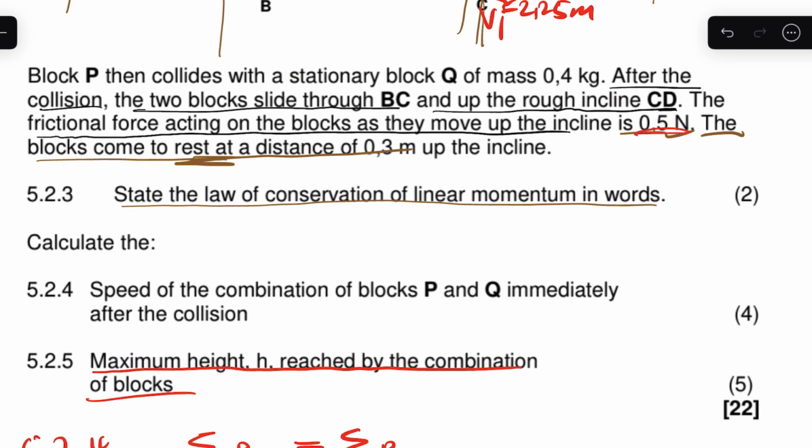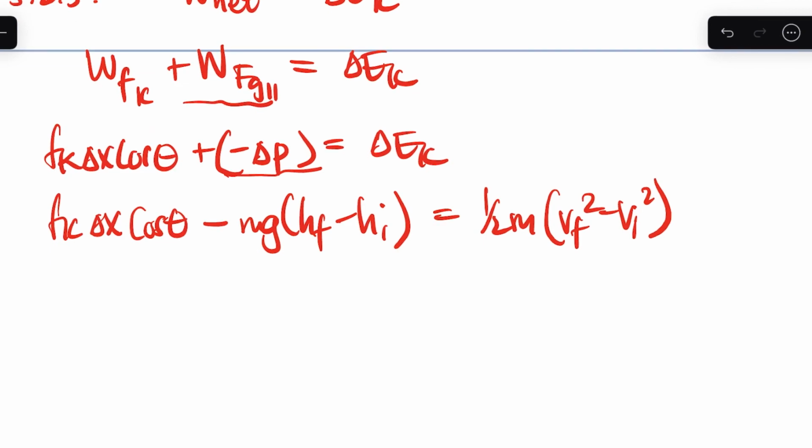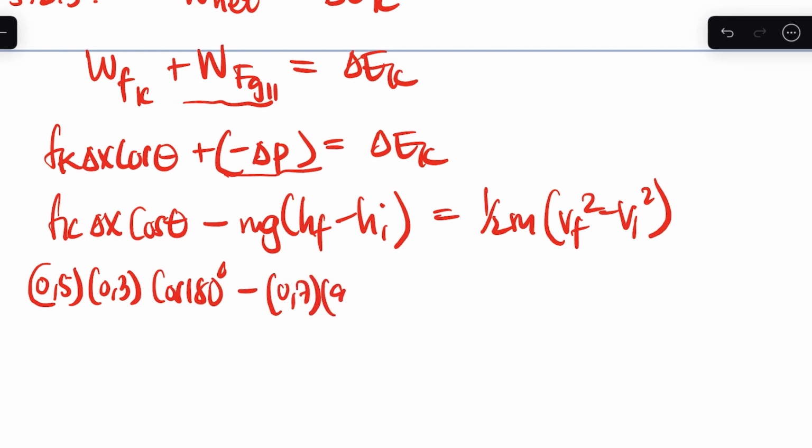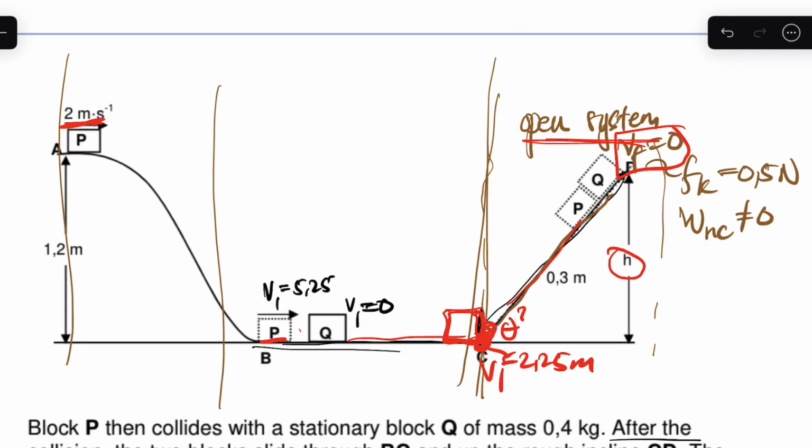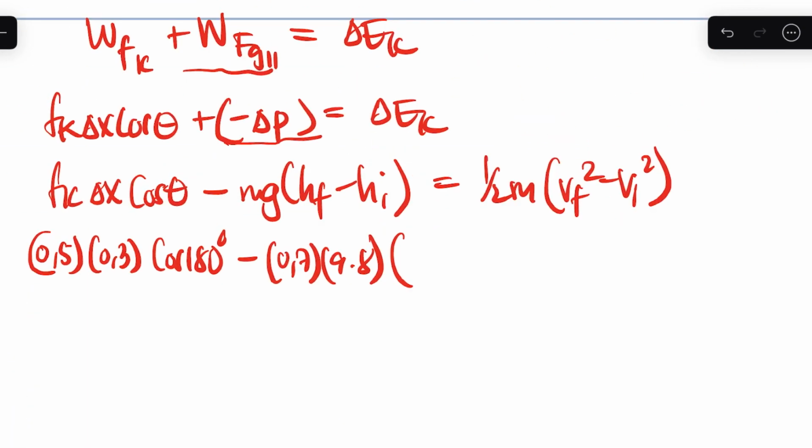It was 0.5, and the displacement was 0.3, cos 180 degrees, minus the mass. Remember, guys, they move off together. The mass is 0.4 plus 0.3, that makes 0.7, times 9.8.